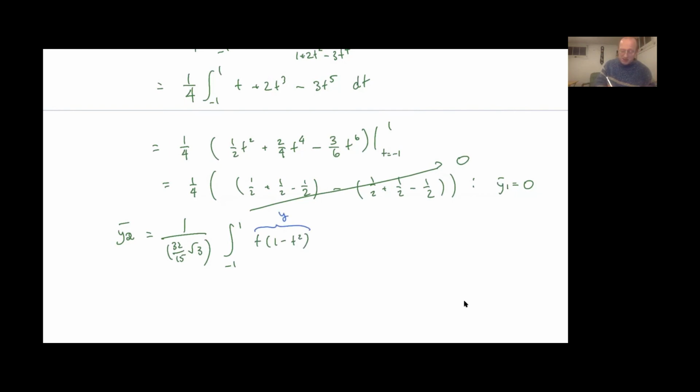What changes here is the density. We have √3 times 1 minus t squared, because in this example, the density is given by x. And then finally, the ds, 1 plus 3t squared dt. That's ds.